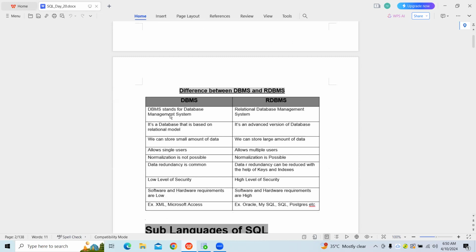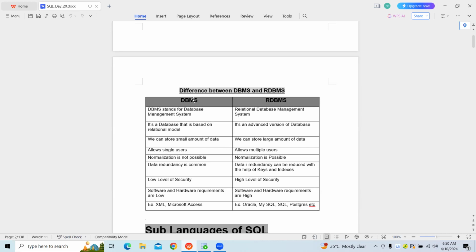Coming to the differences, DBMS stands for Database Management System, whereas RDBMS stands for Relational Database Management System. DBMS is a basic model which was developed to define a database, whereas RDBMS is an advanced version of a database.